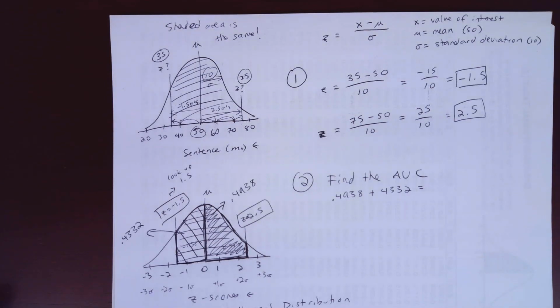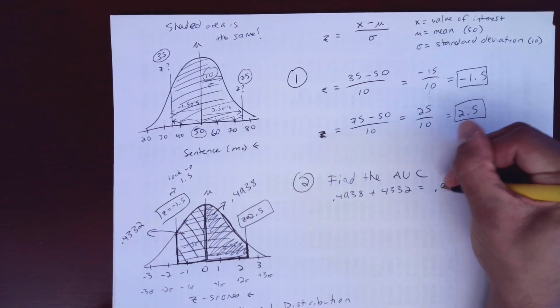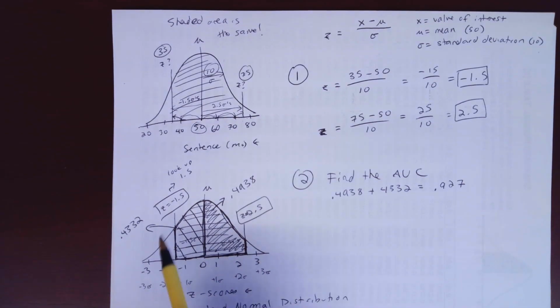And if we do that, 0.4938 plus 0.4332, we're going to get a total area of 0.927. So our area under the curve between a z-score of negative 1.5 and a z-score of 2.5 is 0.927.